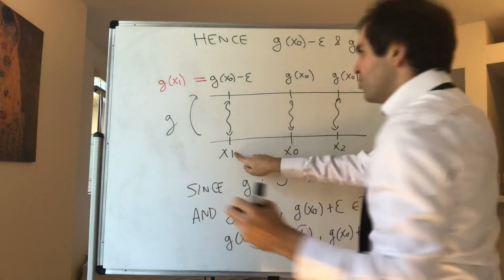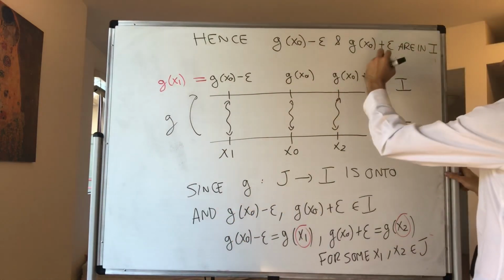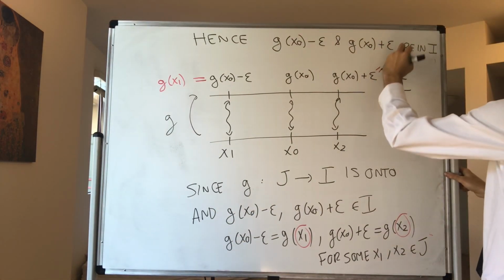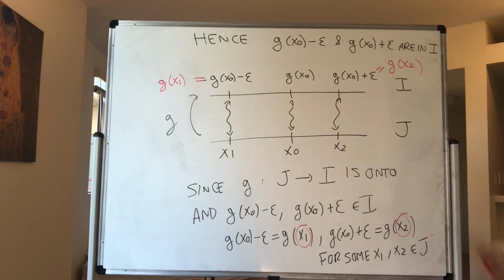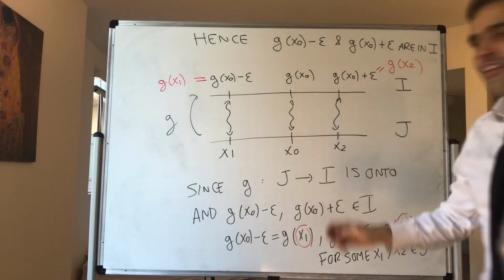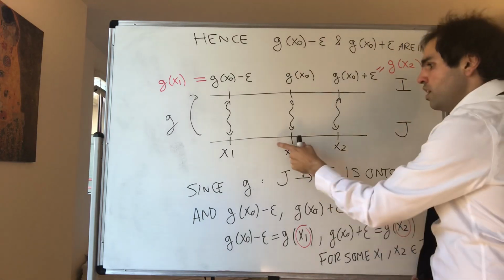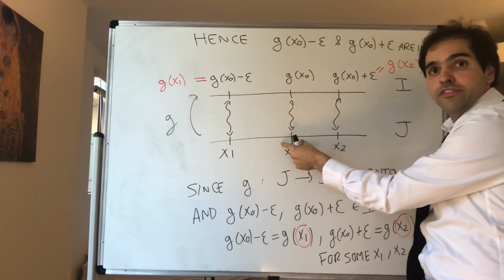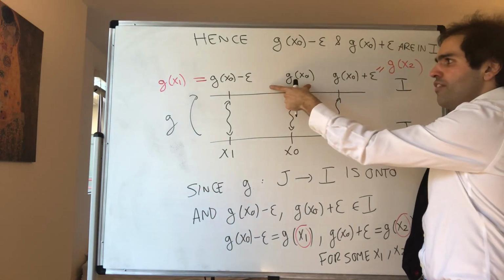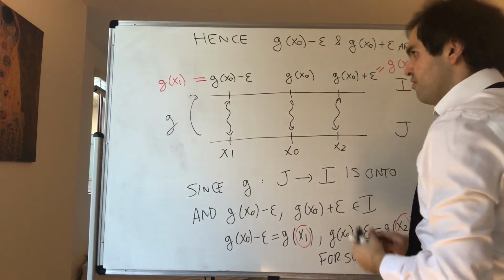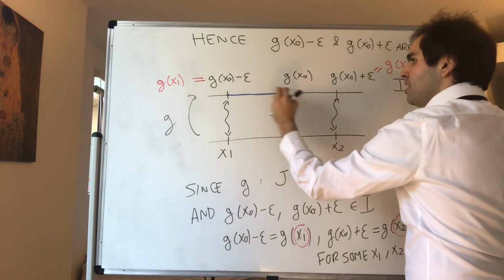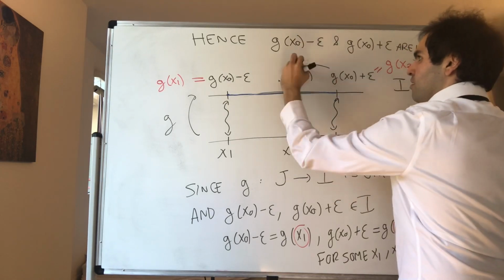So x1 maps to this specific point, and then this is of the form g of x2. Okay. So remember this, that's very important, and remember in particular, what do we want to show? We want to show that if we're close enough here, then g of x is in that good region. And remember the good region is this one, because this has size epsilon.